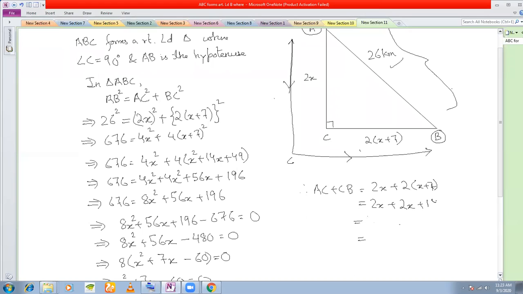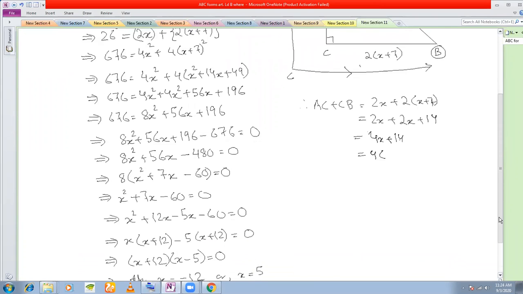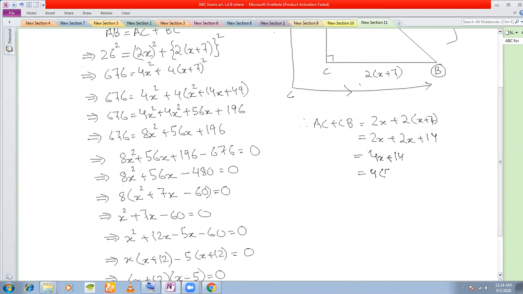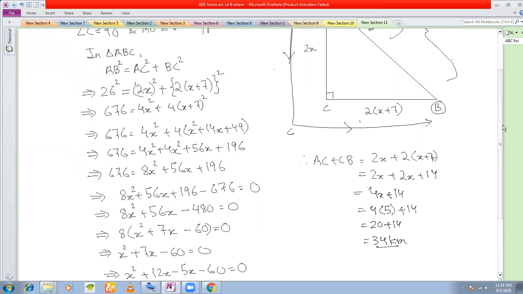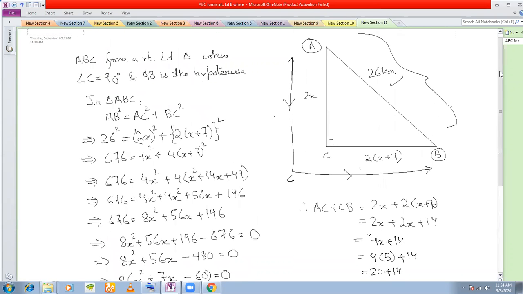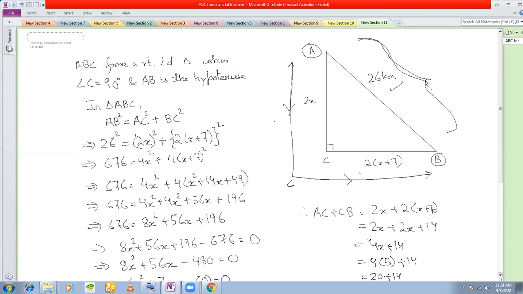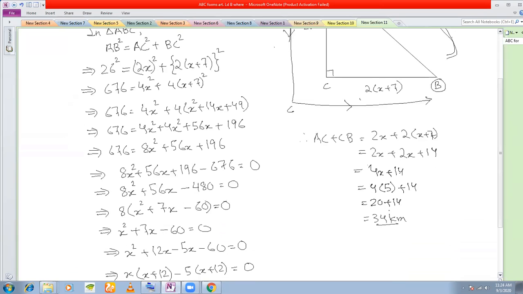You've got the value of x as 5. So 4 into 5 plus 14. This is 20 plus 14, 34. So previously you were traveling 34 kilometers when you moved from A to C and then C to B. Now you are traveling directly through this new highway, only 26 kilometers. Previously you were traveling 34 kilometers. So how much distance are you saving?